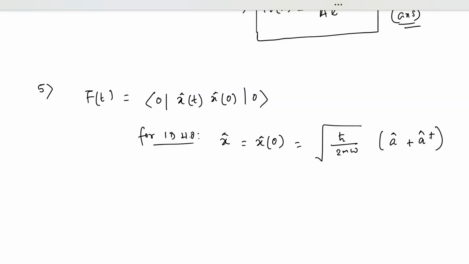So a cap plus a cap dagger, and then if you have x(0) like that, you know that under Heisenberg picture you have an operator's time evolution.